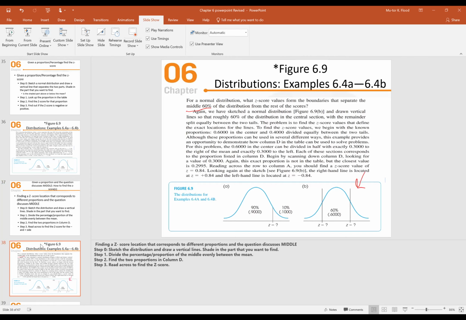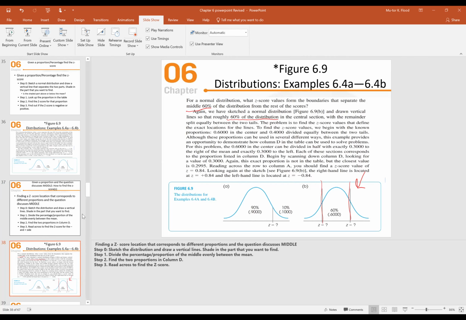Here it is drawn. We sketch the normal distribution, and we draw vertical lines so that roughly 60% of the distribution is in the central section, with the remainder split equally between the two tails. So we draw lines that cover about 60% of the middle of this distribution, which is what we did right here.